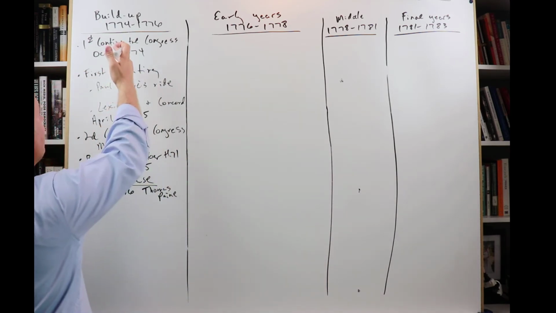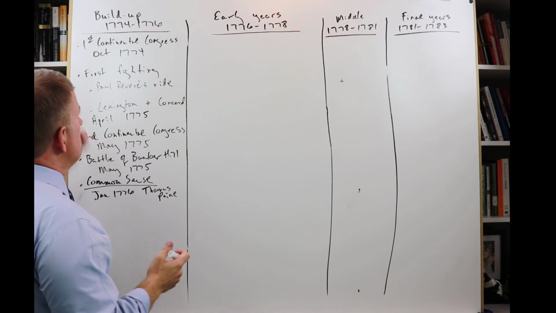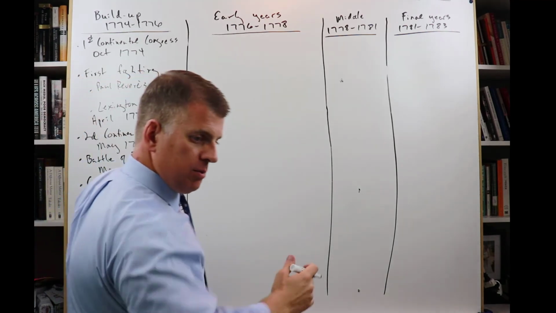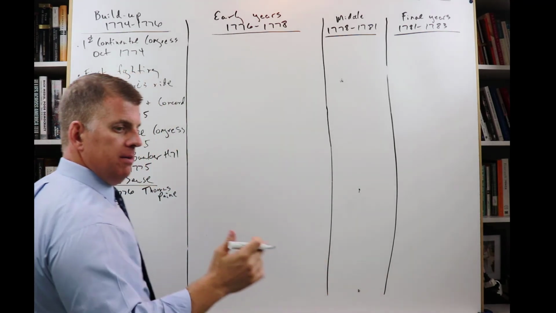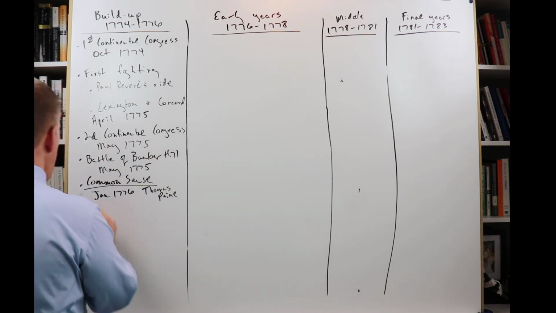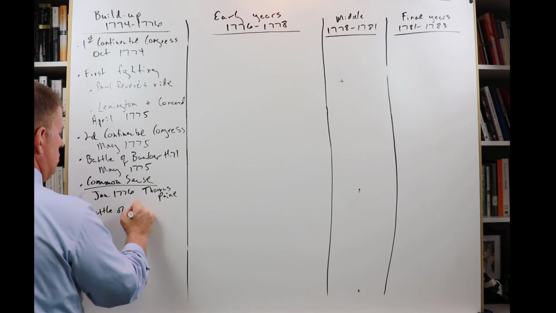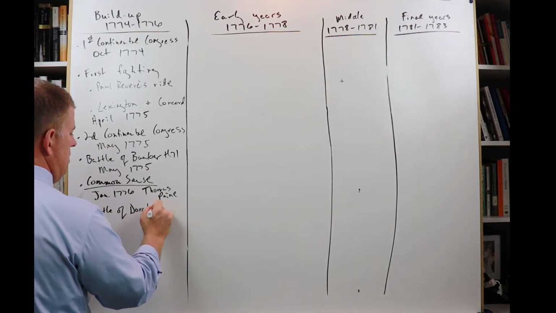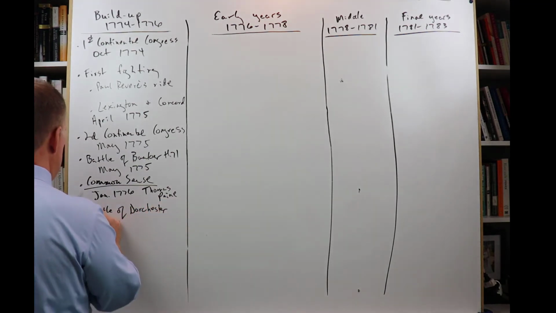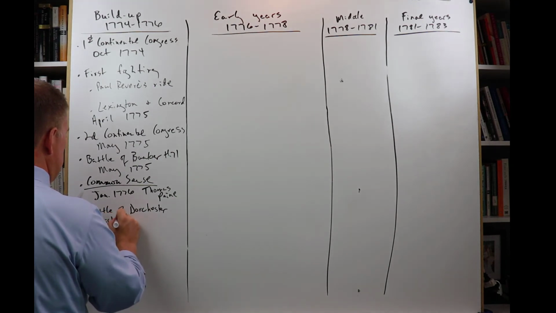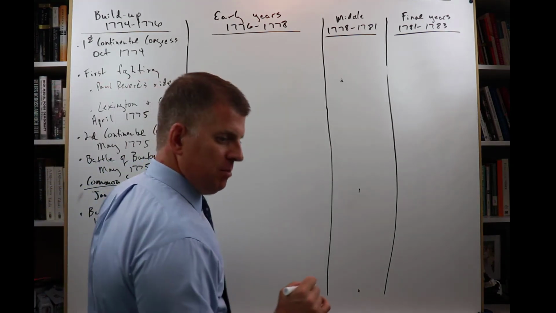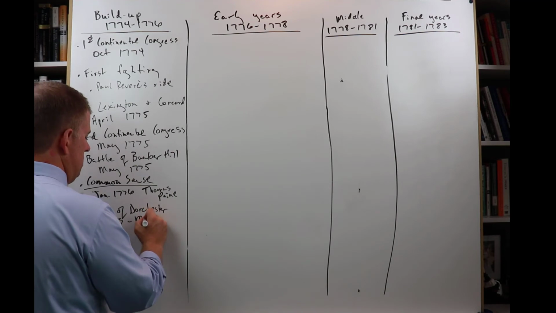All right, next on our list, we're building up. We're in 1776 already. Battle of Dorchester Heights. We got two battles here. Dorchester Heights, not well known, March 1776.